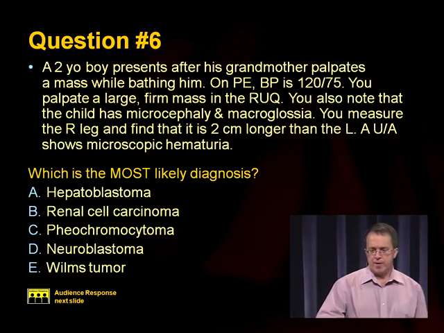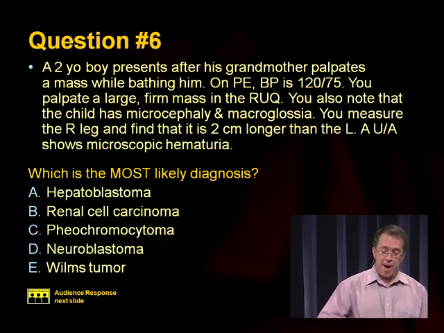A 2-year-old boy presents after his grandmother palpates a mass. My impression from exams I've taken is it's always the grandmother, okay? Mass while bathing him. On physical exam, blood pressure is 120/75.